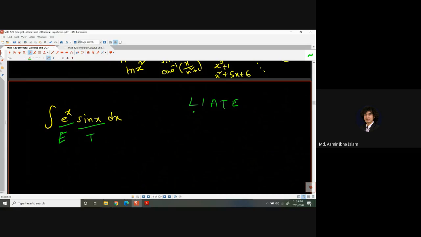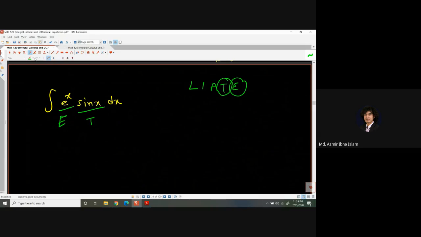According to the LIATE method, T, that is trigonometric, comes first then exponential. So what we have to do here is rearrange this one, that is sine x e to the power x dx. Now we are sure that this part will be u and this part will be v. So before going to apply the integration by parts method, we must figure out which function should be chosen as u. That is our first and foremost duty.